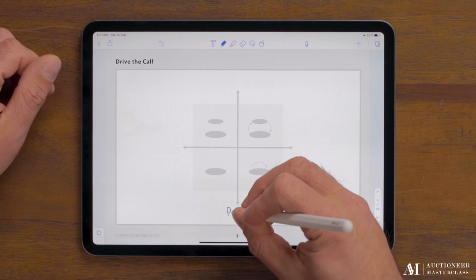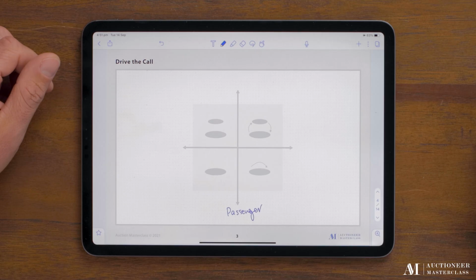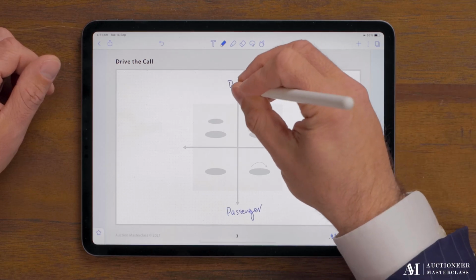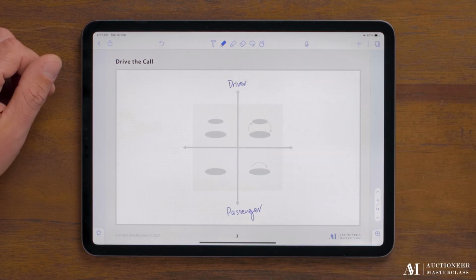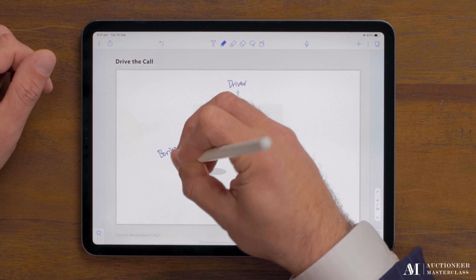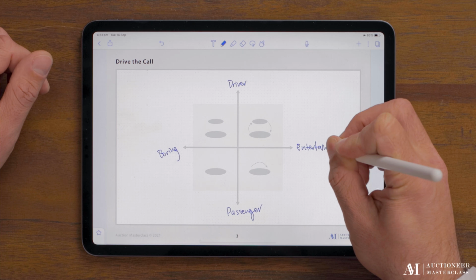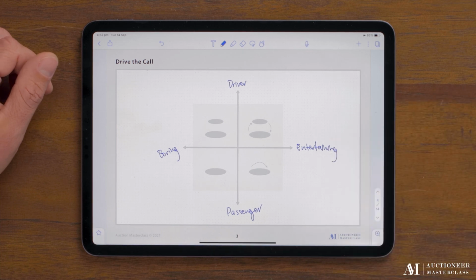You could be a passenger, or you could be the opposite of the passenger, and you could be the driver auctioneer. You can be the boring auctioneer, or you can be the entertaining auctioneer. What on earth do I mean by that?